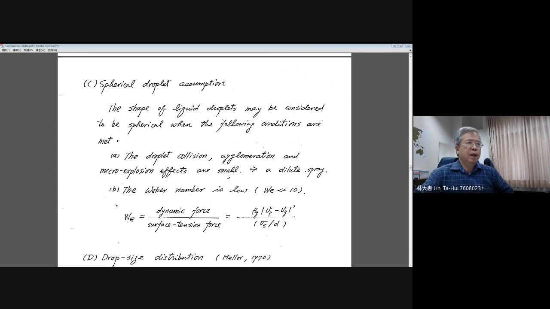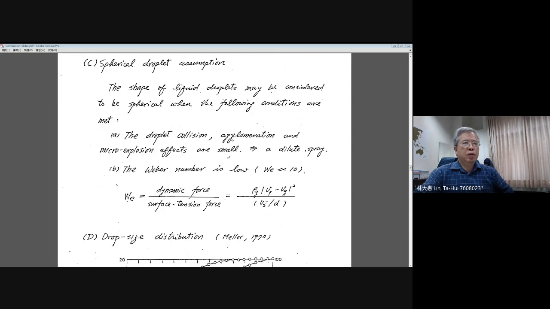The first one: droplet collisions, agglomeration, and micro-exploding effects are small. Usually when you are dealing with spray behavior, as we described earlier for sheet disintegration, if you increase your injection velocity very large, then atomization occurs in the vicinity of the injector.